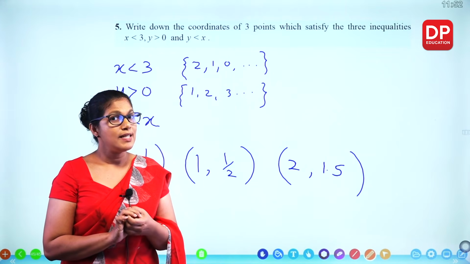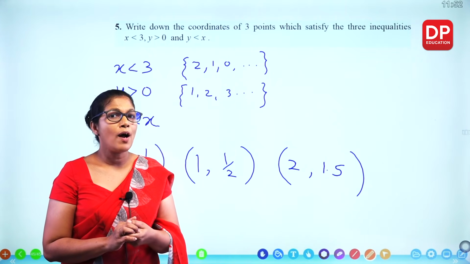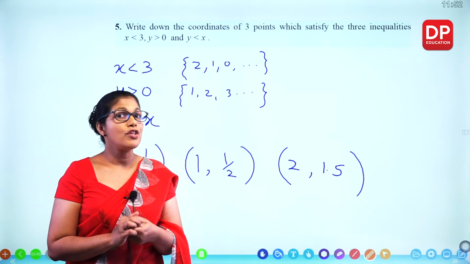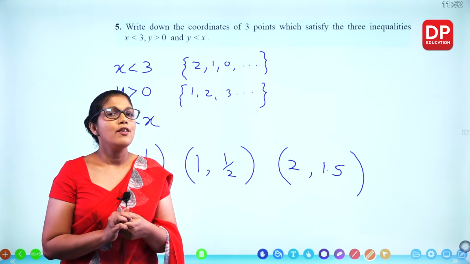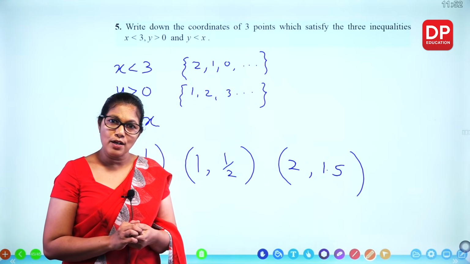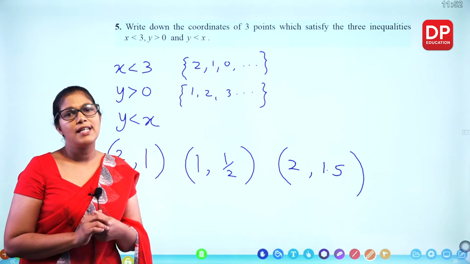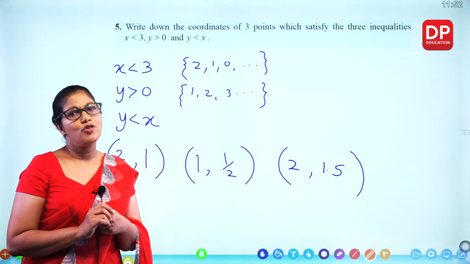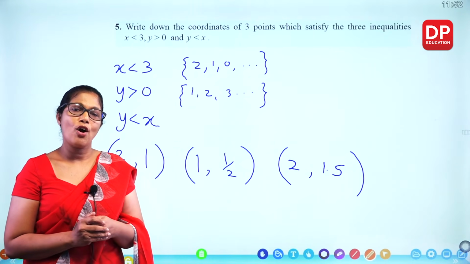And then we discussed that if the inequality sign has the equal sign, when you want to shade the region, you have to draw a continuous line, and if it's not equal, you have to draw the dashed line. So remember all these steps to do questions in your textbook.